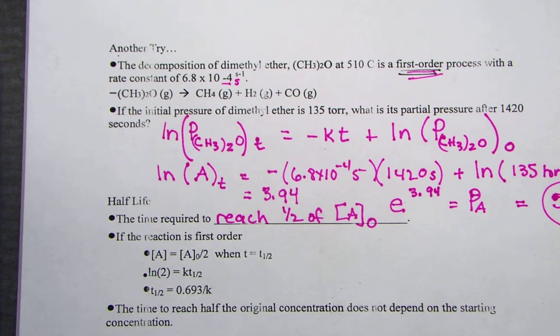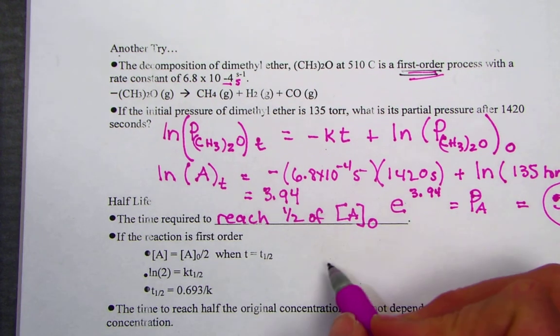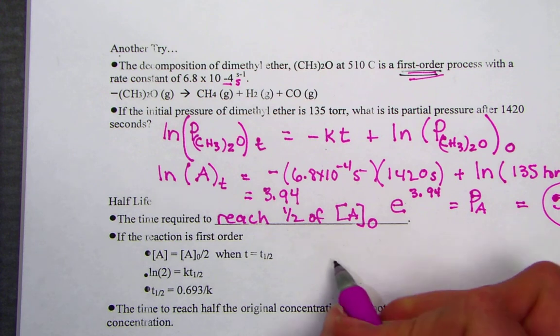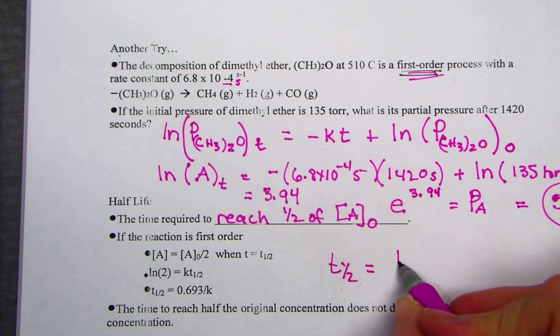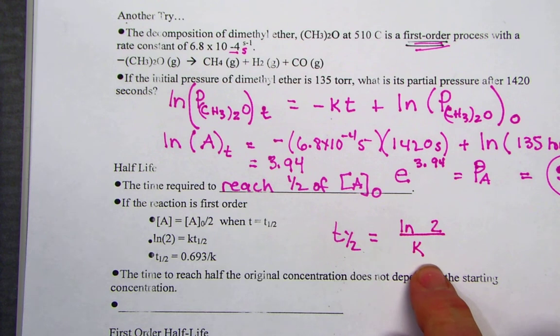If you hit natural log of 2, it reads 0.693147. I sometimes think it's easier to memorize natural log of 2 instead of 0.693, but whatever you find to be easiest. The half-life in a first-order reaction is the natural log of 2 set over k, where k is the rate constant given to us typically in the formula.